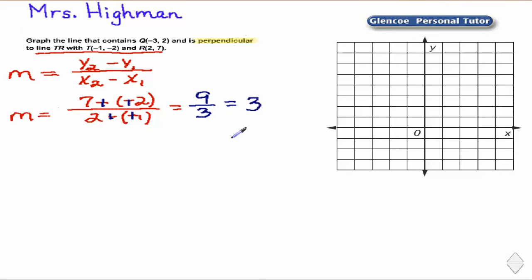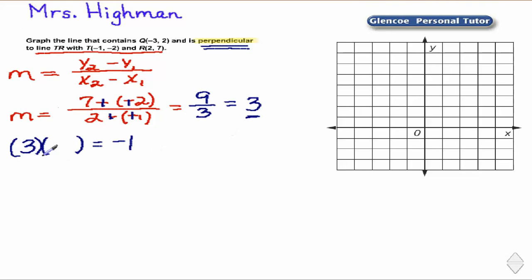So the slope of line TR is 3, and we want a line that's perpendicular to that. And so by definition, if we have this slope from TR that is 3, what would we multiply by to make -1?